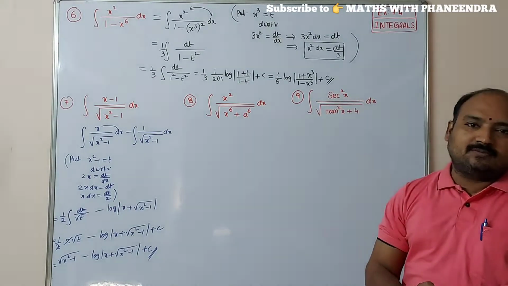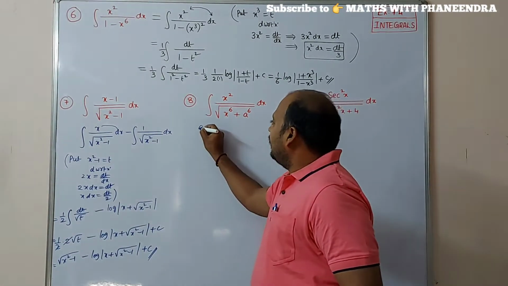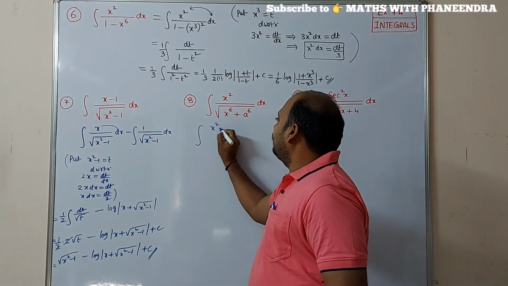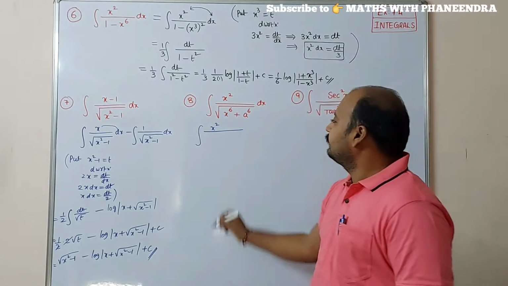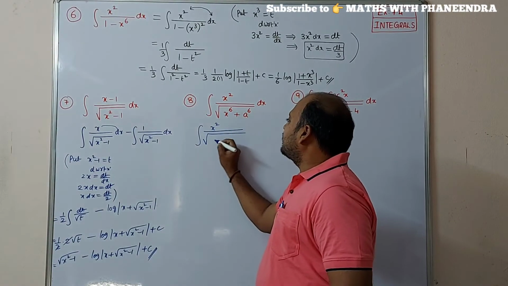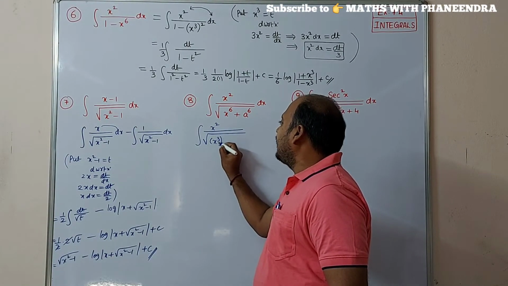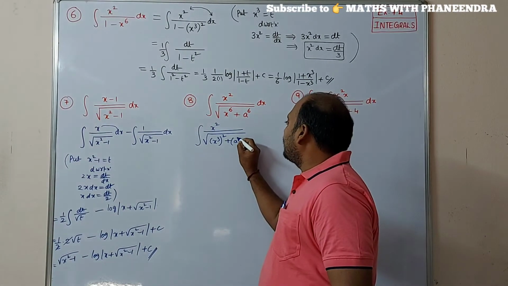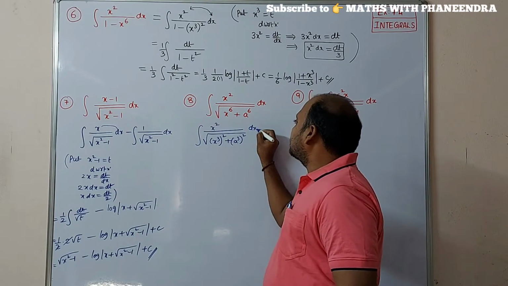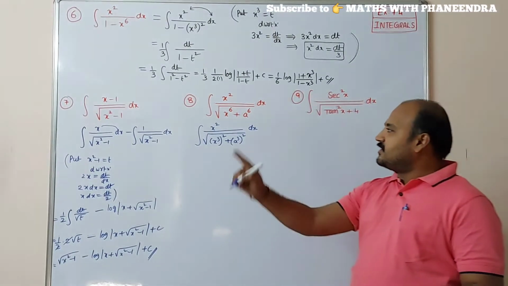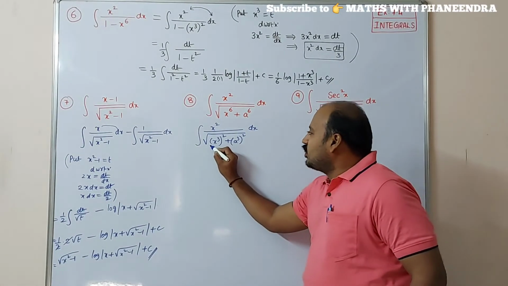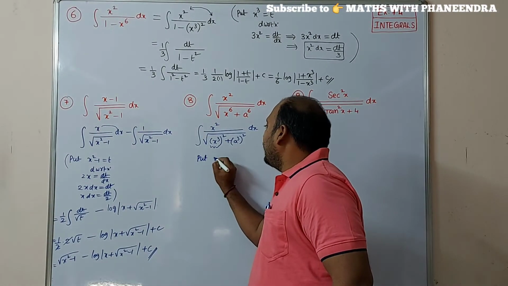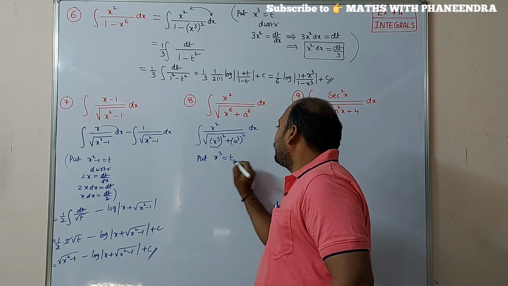Question number 8. Integral x square divided by square root of x power 6 minus a power 6, which can be written as x power 3 whole square minus a power 3 whole square, into dx. After writing this, put x cube is equal to t.